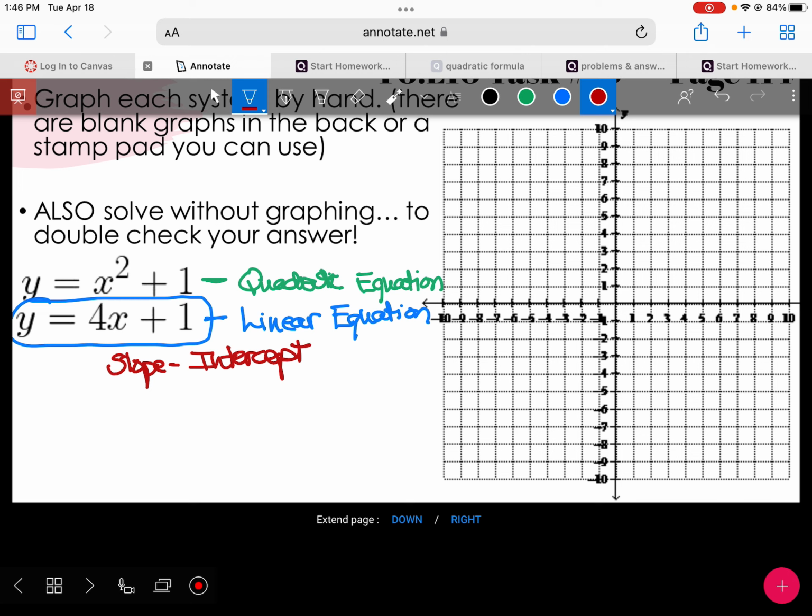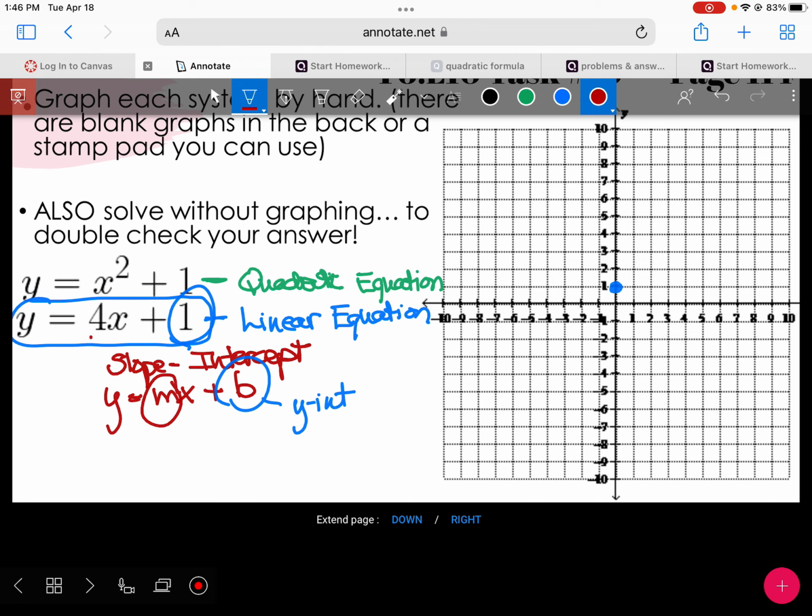So what is my y-intercept? And if you recall, it's y equals mx plus b. What is my intercept? 1. So this right here is your y-intercept, which means 1 is my y-intercept. And what is the slope? 4.